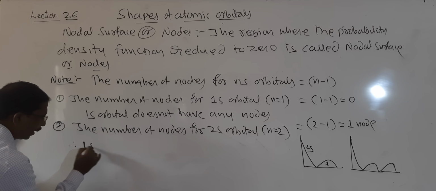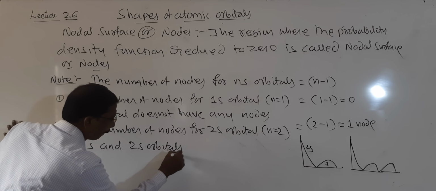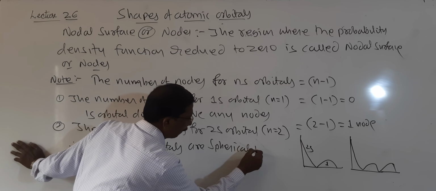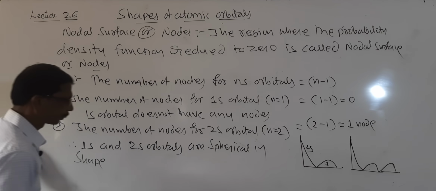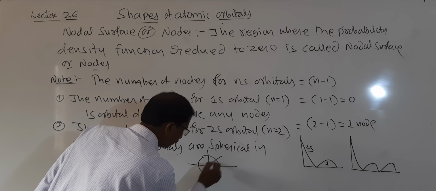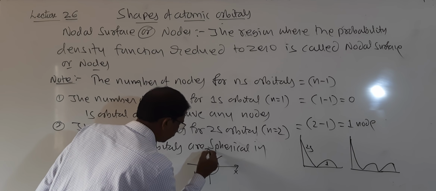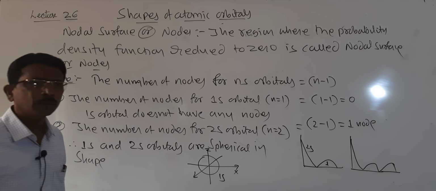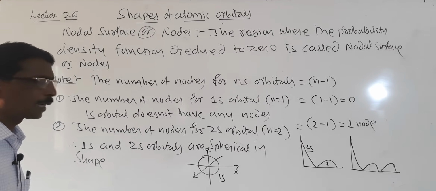Therefore 1s and 2s orbitals are spherical in shape. The 2s also has the same shape, and in 2s you will get a node.